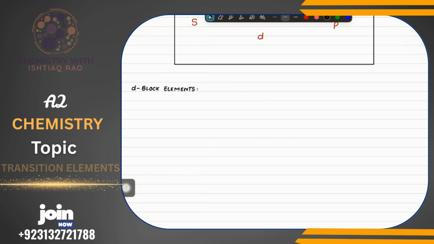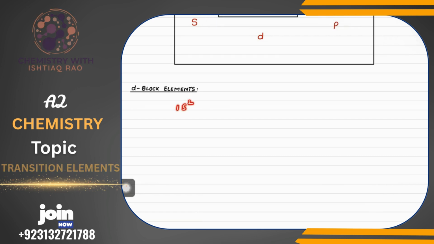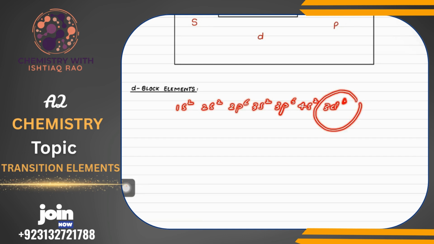When you write the electronic configuration, it is 1s2, 2s2, 2p6, 3s2, 3p6, 4s2, and then 3d1. As you can see, this configuration ends in the D orbital, so we can say this is a D block element. Those elements whose outer electrons lie in the D orbital are D block elements.